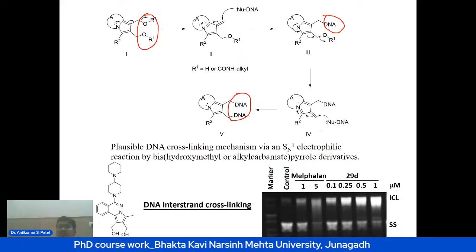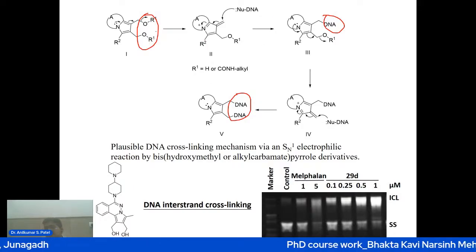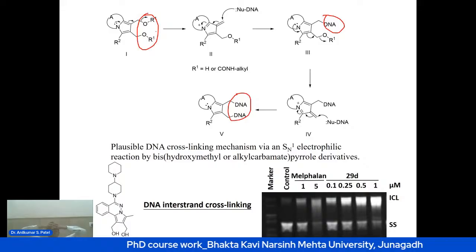We have seen the possible mechanism through the SN1 electrophilic reaction of the bis-hydroxymethyl pyrrole with DNA. This mechanism is similar to that of cisplatin and of mitomycin C.